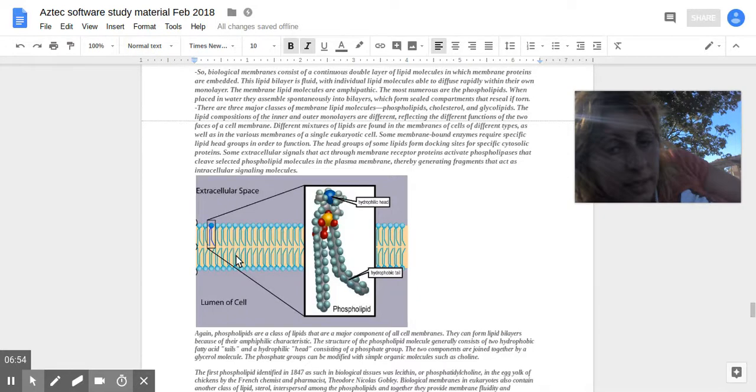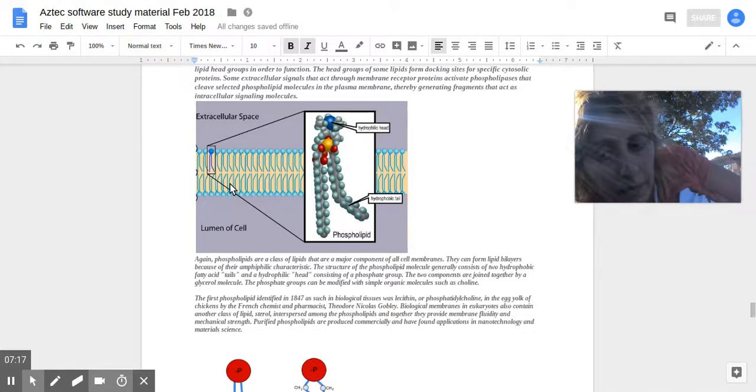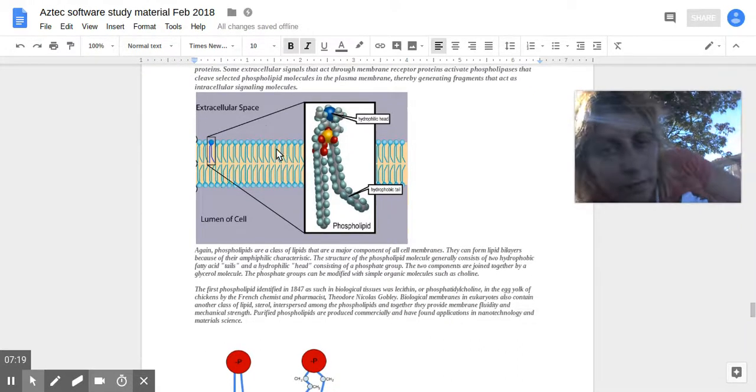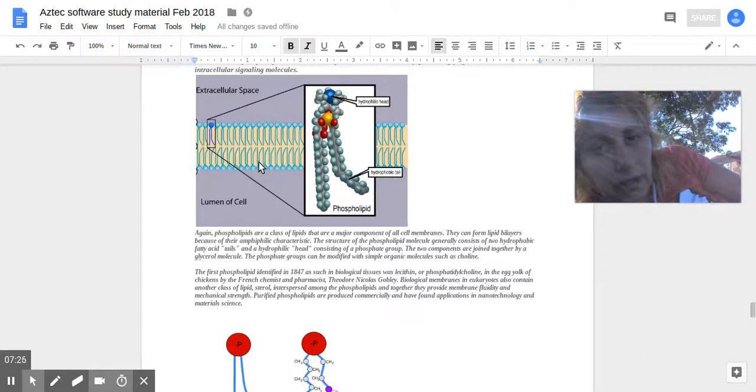In eukaryotes, however, it's just one bilayer, and the phospholipids have with them cholesterol and glycolipids, as well as various proteins, which serve as channels and receptors inside the membrane. So the various molecules function for cell interaction, signaling, etc.